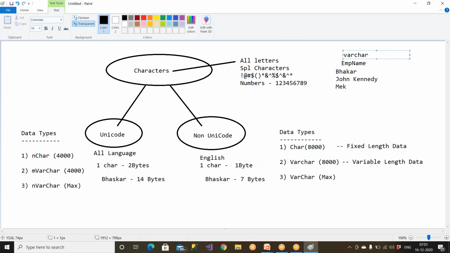Clear? Varchar data, maximum 8,000 letters you can store. Why 8,000? In yesterday's class we discussed that each page is 8 KB. So that is fixed. So you can accommodate your data in that page itself. If you wanted to store more and more, then you have a lot of difficulties, right? If you have some item that is bigger than one bedroom, it will be difficult.